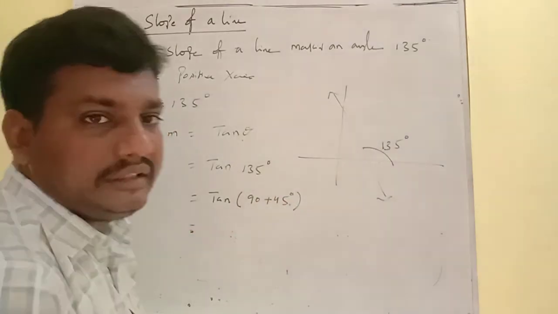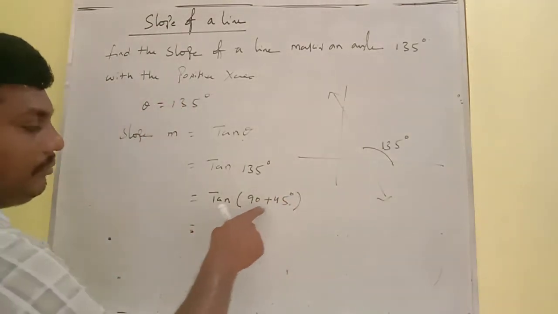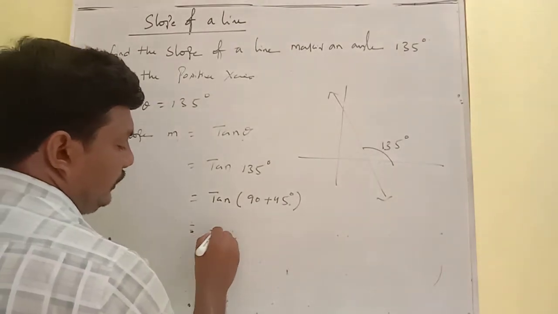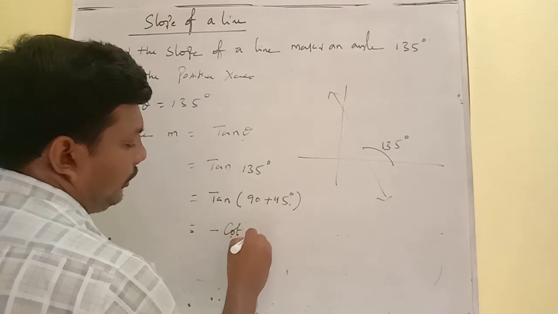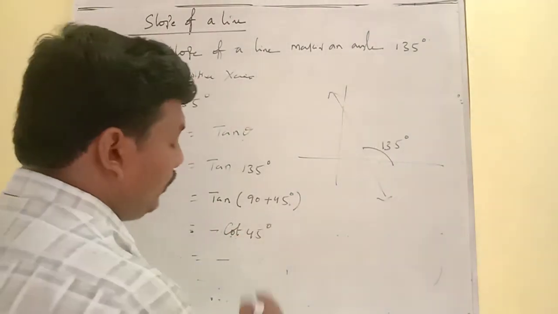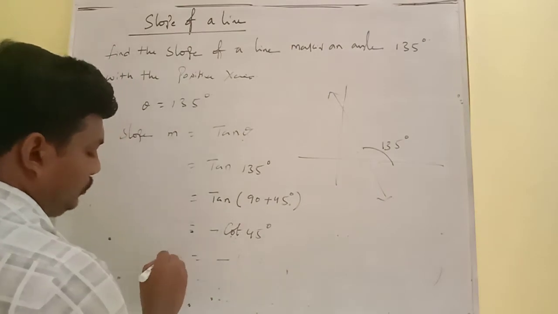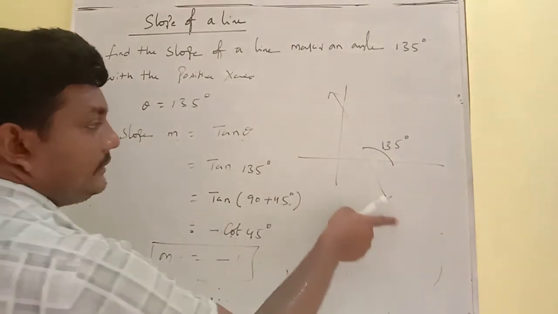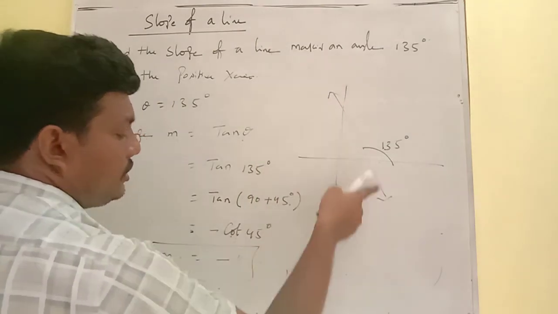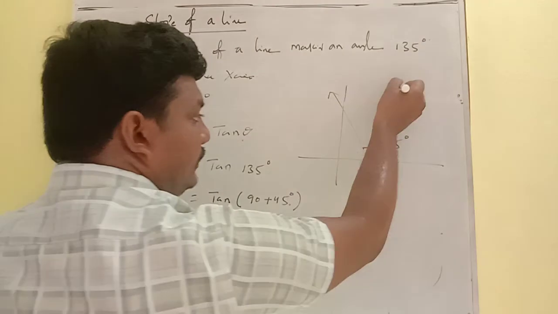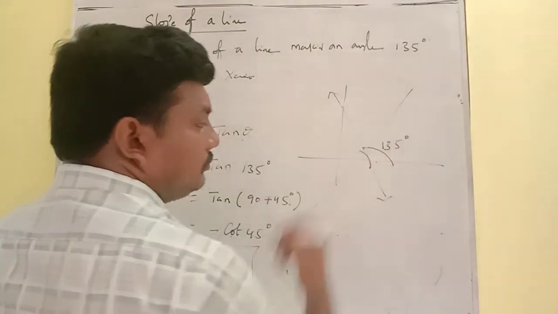Tan of 90 plus theta comes under the second quadrant, where tan is negative. This is cot 45 degrees, which is 1, so the slope is equal to minus 1. If the line is in this way, the slope is negative. If the line is in this other way, then the slope is a positive value.